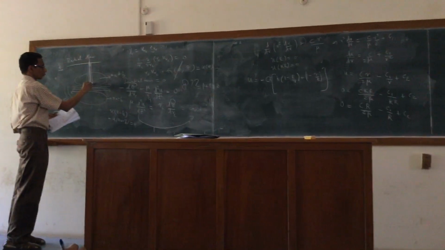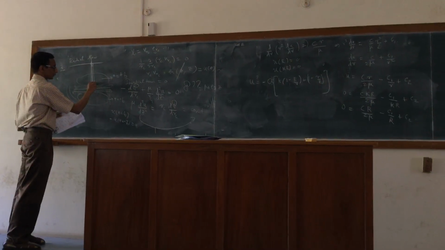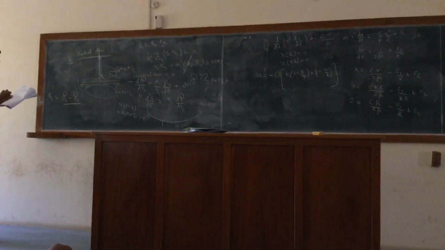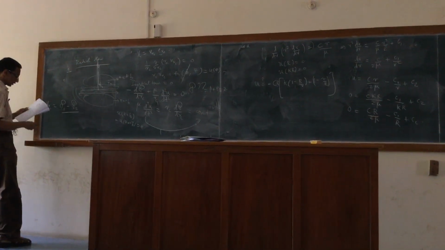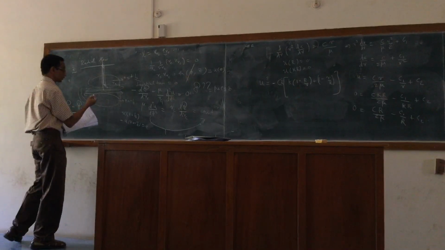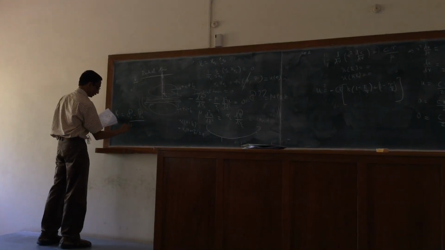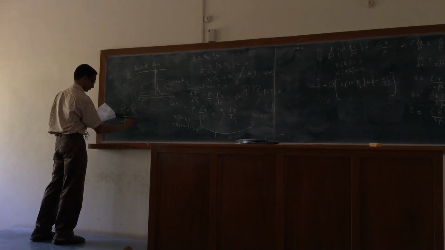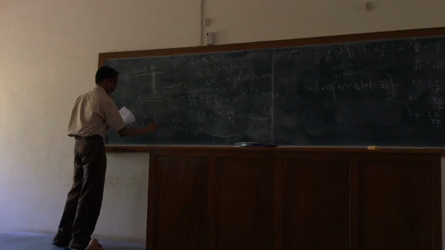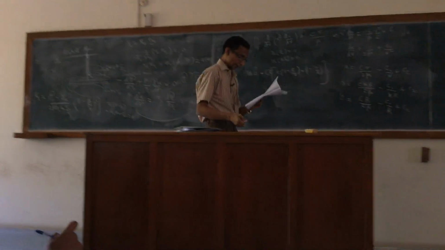This is R1, and this outer distance is R2 that you can clearly see in the figure. So P1 and P2 are the pressures at R equal to R1 and R equal to R2, actually RC equal to R1 and RC equal to R2. The final result is a parabolic profile with Z. That's what you will get.